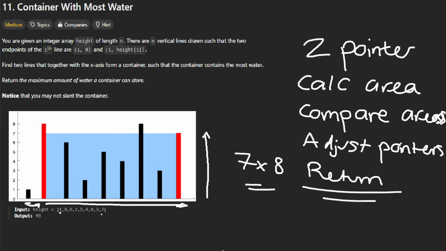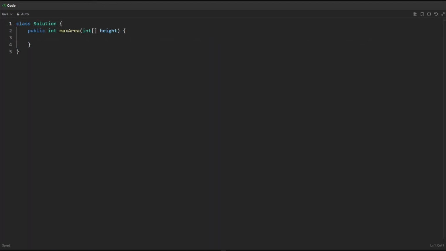Cool. So in terms of code, what we're looking to do first is declare some integers. These will represent our pointers. We're going to have our left pointer and our right pointer, and our right pointer is starting from the back, so it's going to be height.length - 1. There we go.